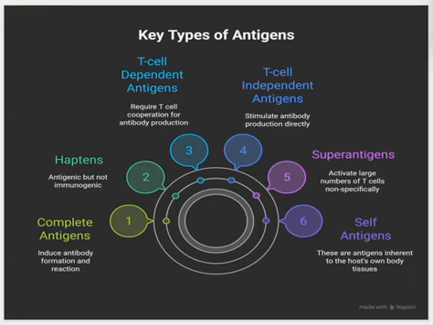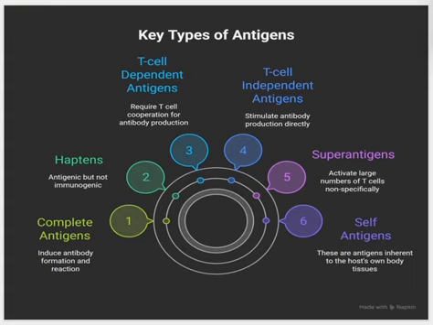Now, let's explore the key types of antigens. Complete antigens can induce antibody formation and cause visible immune reactions. A hapten is a substance that can combine with a specific antibody but lacks antigenicity of its own. T-cell dependent and T-cell independent antigens differ in whether they require T helper cells to produce antibodies.